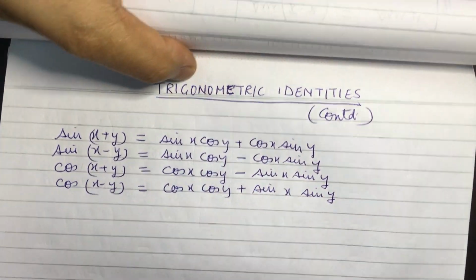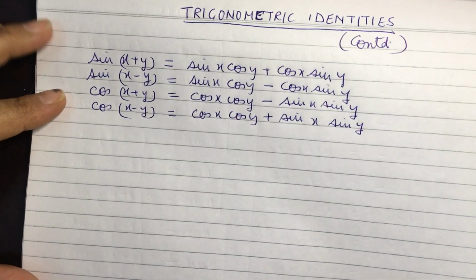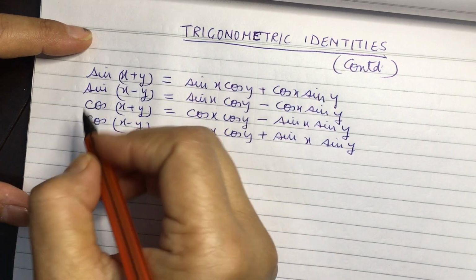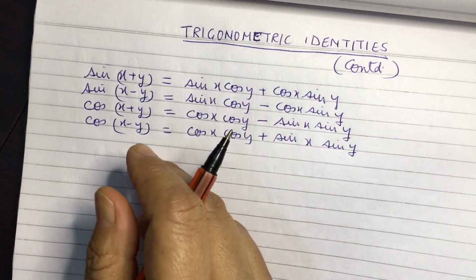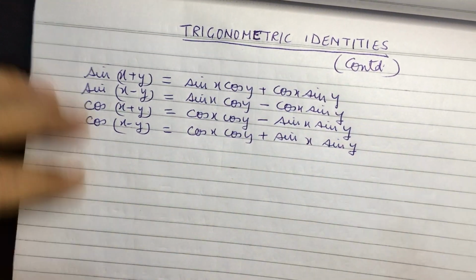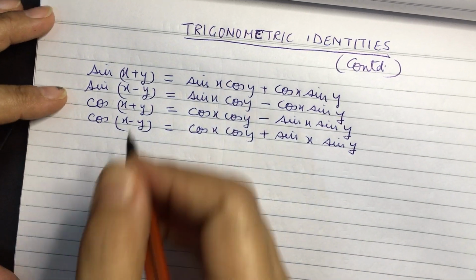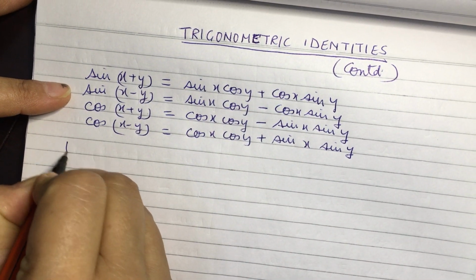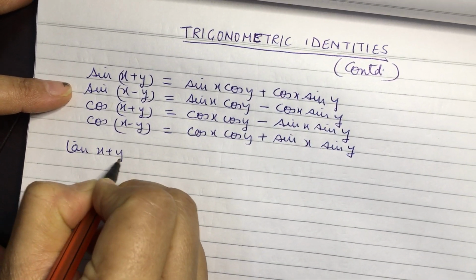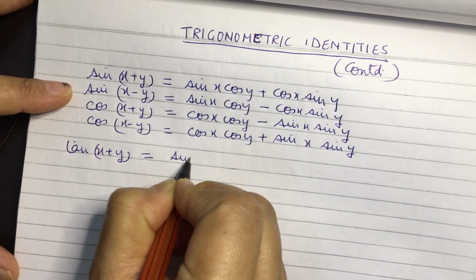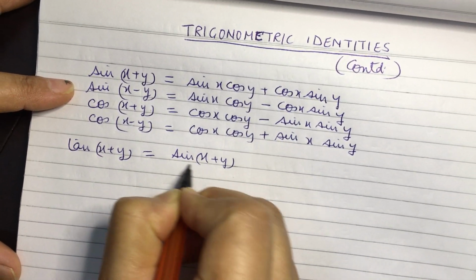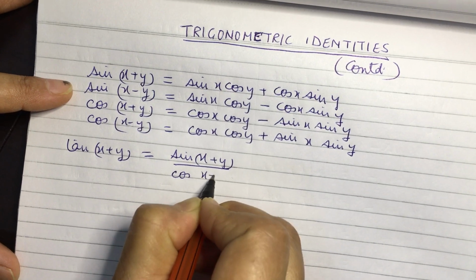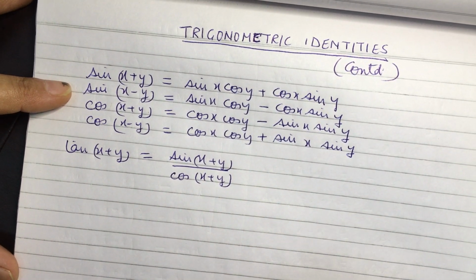sin y. Now, let us find the result for tan of x plus y and tan of x minus y. So, let us start. Tan of x plus y can be written as sin of x plus y over cos of x plus y.